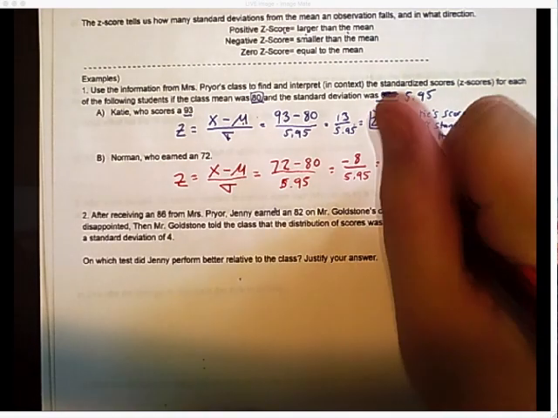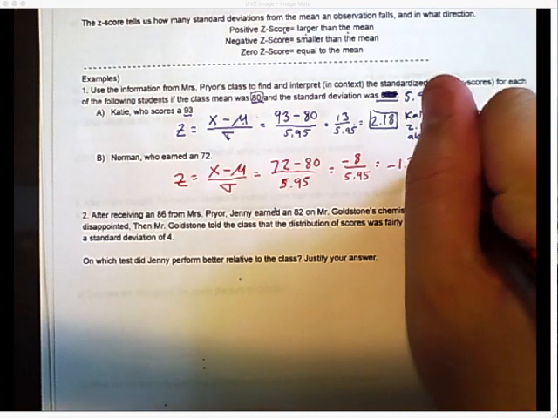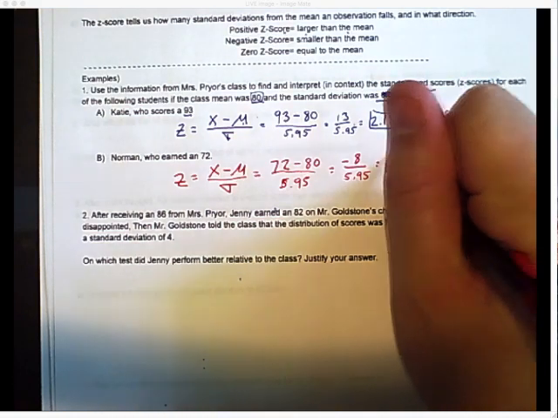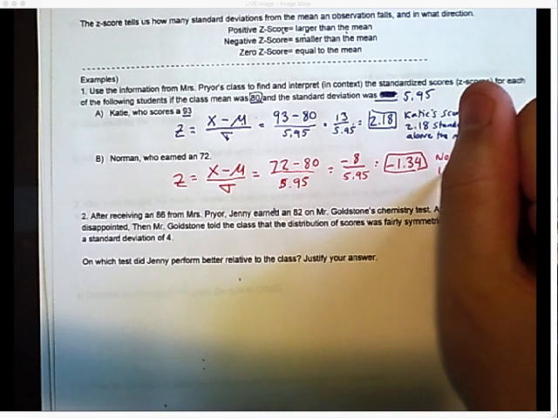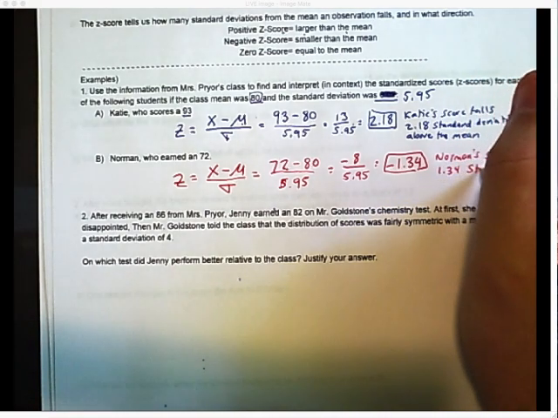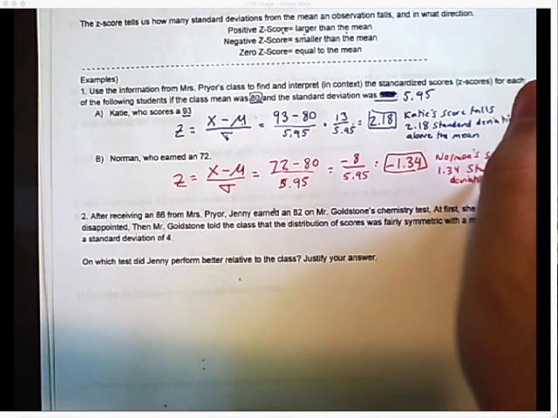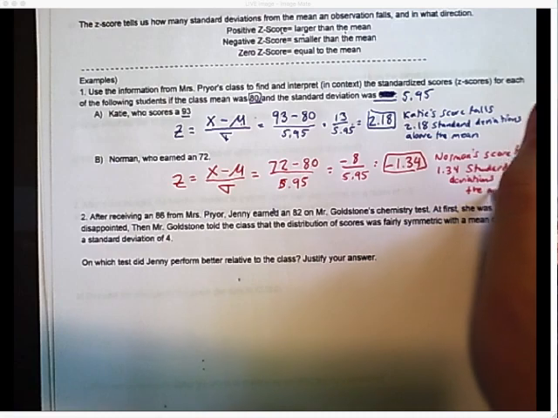If I put that in my calculator, it's about negative 1.34. So Norman's score falls 1.34 standard deviations below the mean, because he has a negative z-score.